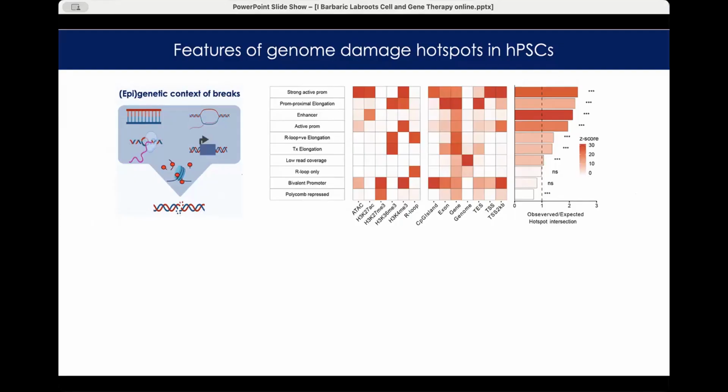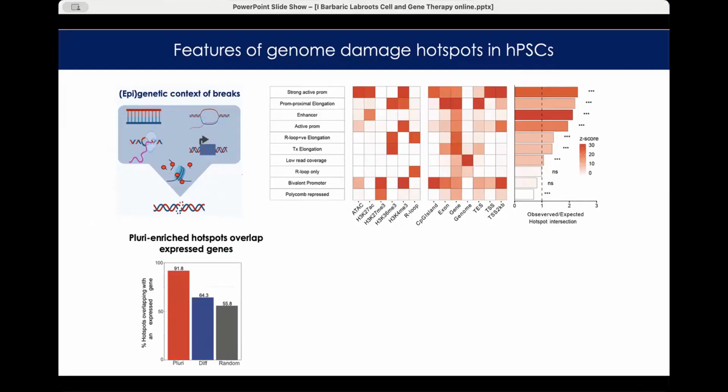And for this, we combined our INDUCE-seq data with published studies that showed sequencing, for example, DRIP-seq for R loops or ChIP-seq for different histone marks, RNA-seq for transcriptomics, etc. And overlaying all of that data, we do see that hotspots in the pluripotent stem cell genome tend to occur in sites that are transcriptionally active and associated with open chromatin.